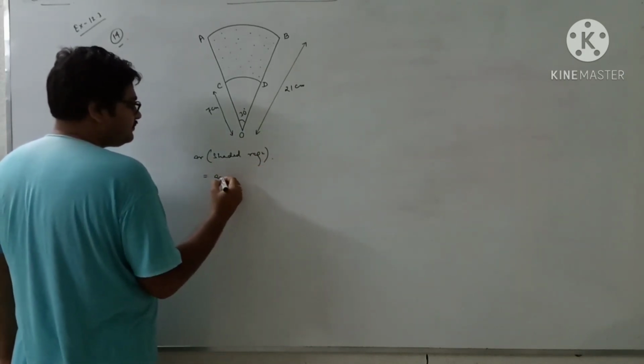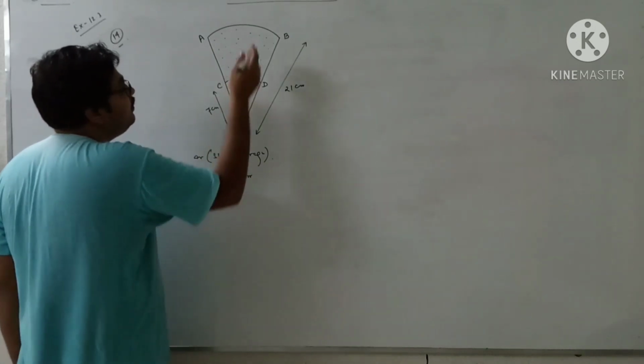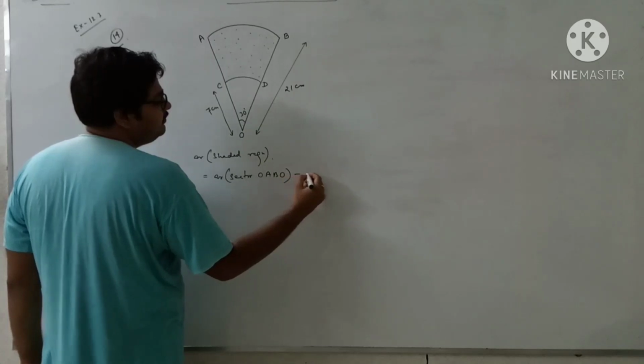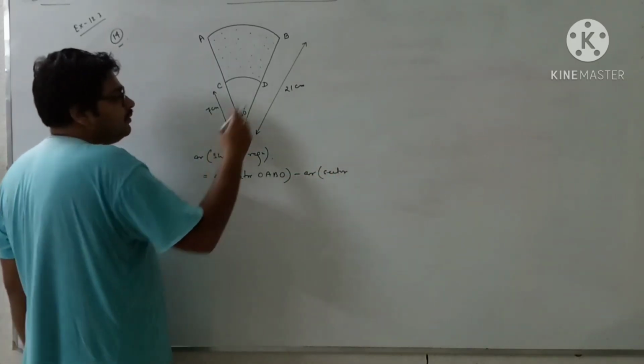So area of shaded region equals area of sector OABO minus area of sector OCDO.